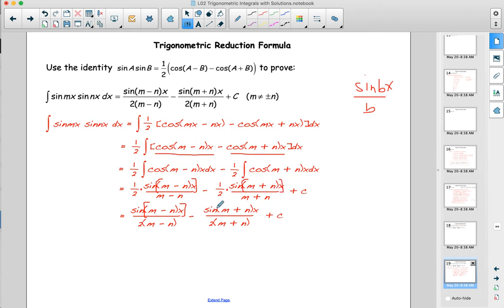The argument is the whole entire thing. So sine of m minus n times x, all divided by 2 times m minus n. Sine of m plus n times x, all divided by 2 times m plus n plus c. So we were then able to prove this. And I'll let you think about why does it say that m cannot be equal to positive or negative n.